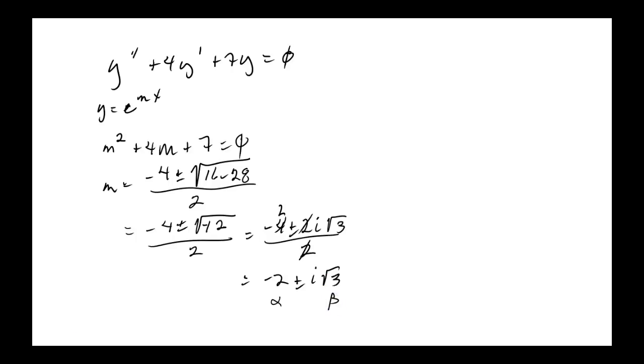So from what we had before, our y is equal to C1, e to the alpha, so e to the minus 2x.